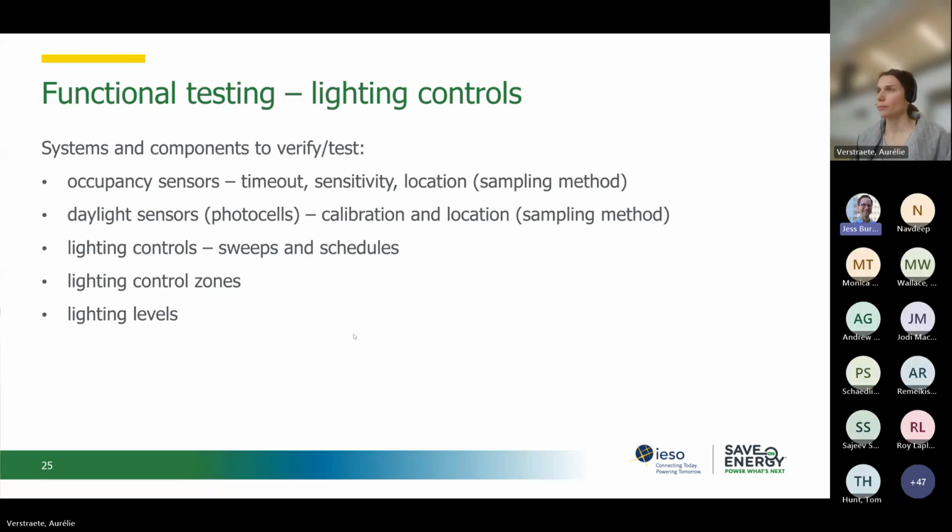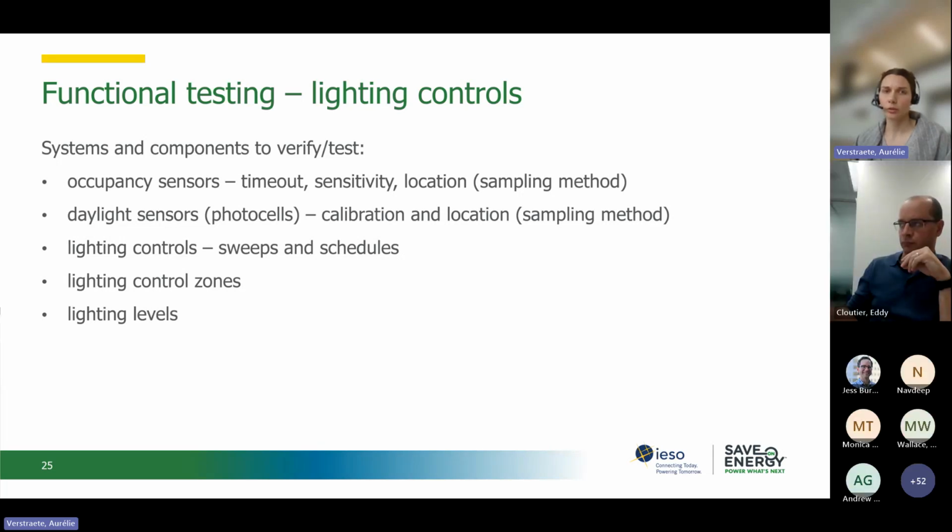We got a follow-on question about how to decide or prioritize which systems you want to test. Is it concerning the sampling method or in general? So how do you, say you have maybe 100 VAV boxes in the building.